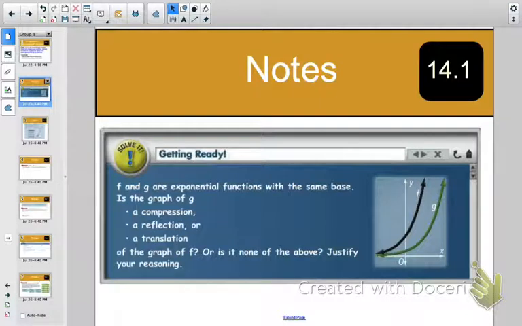If you look at it, it could be a translation because g could be shifted to the right of f, but it could also be a compression. Definitely not a reflection. So either a translation or possibly a compression, which just means that it's stretching it or shrinking it.